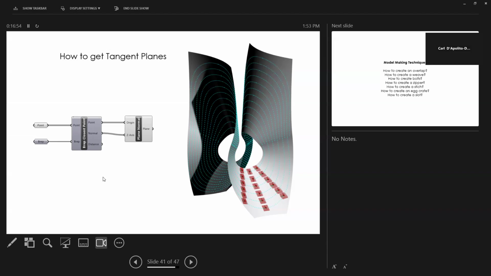Many of you asked last time how you would copy something around on the surface, how you would orient things to a surface. It's with those planes. Essentially, these two components are all you need to find the locations and construct the orientation on any polysurface that you put in. If you know those particular things, that is sufficient for you to do most of the things you would need to do for making a model.